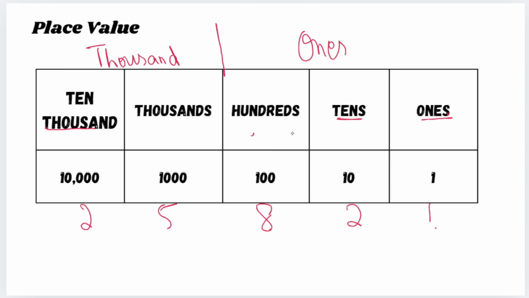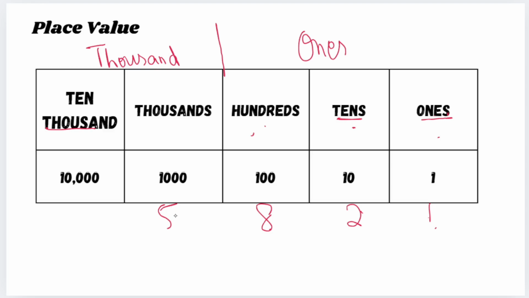25,821. Now you understand? 25 is in the place of thousand, so 25,821. Now you tell me what is the answer when it is only a single number?